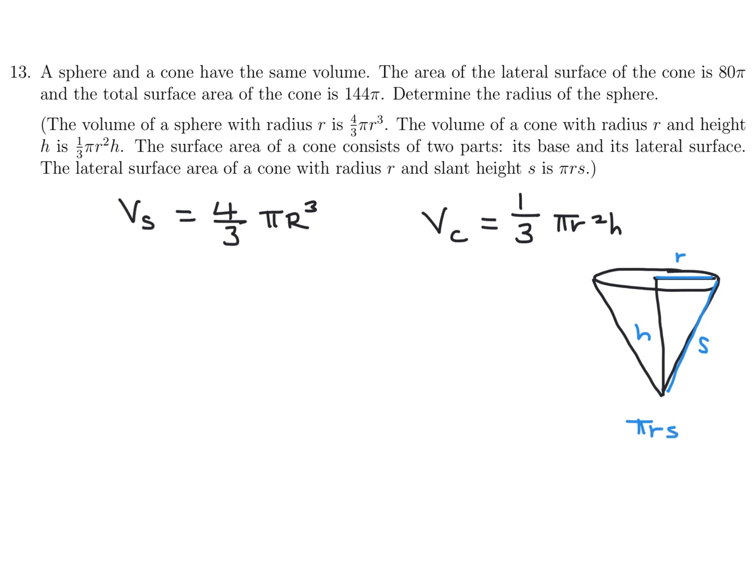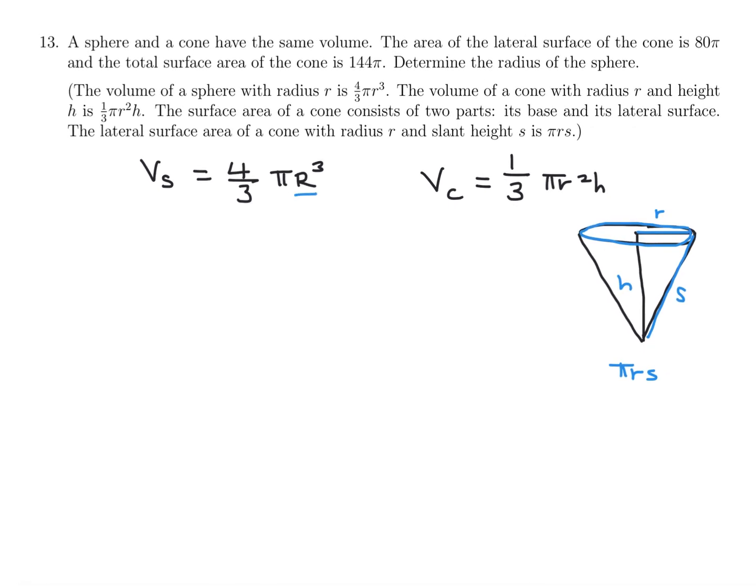So the lateral surface area, not including that top circle. The circle would just be pi r squared. All right, so with all that information, we've got to figure out the radius of the sphere. So that's this big R that I've denoted.